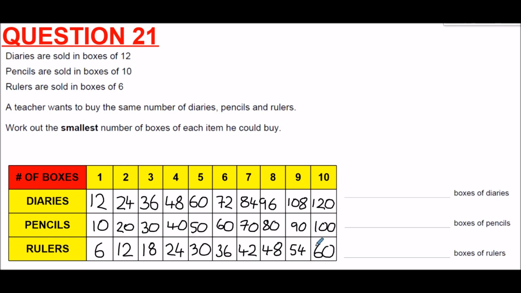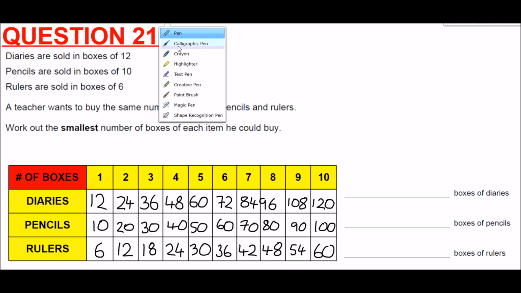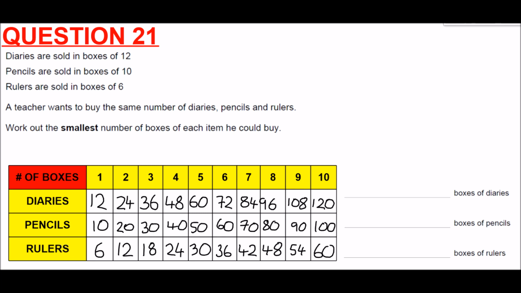And so what we need to have a look at now is the smallest number of boxes of each item he could buy. And so looking at this list, what number do we see repeating? 12's in those two but not pencils. 24 can't be because it's not a multiple of 10.